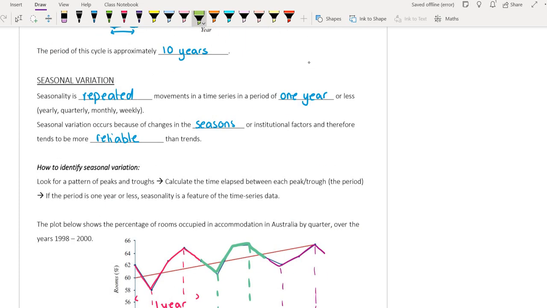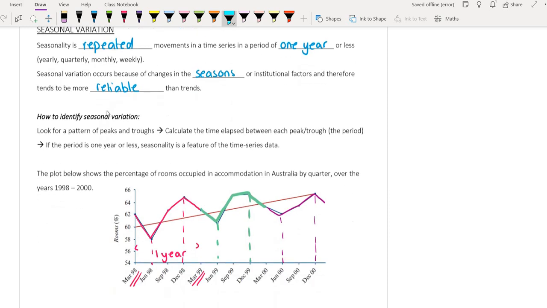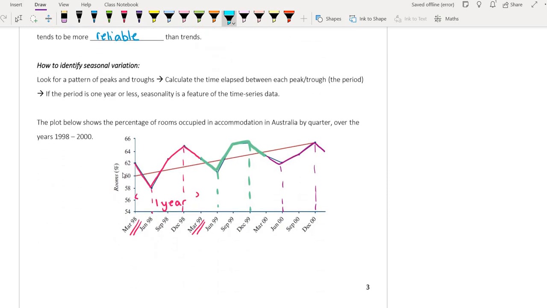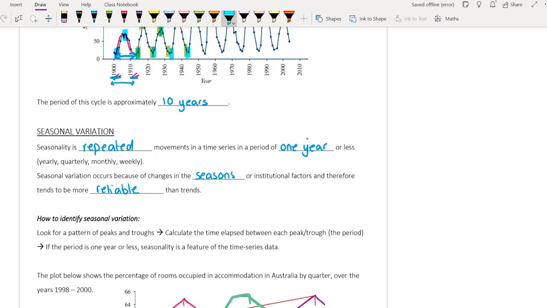Next thing that we're looking at is seasonal variation. This is very similar to cycles. You can see in this example, there's a cycle going on here. The main difference between cycles and seasonal variation or seasonality is the period of the cycle.